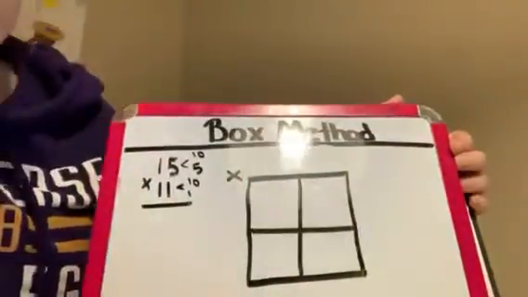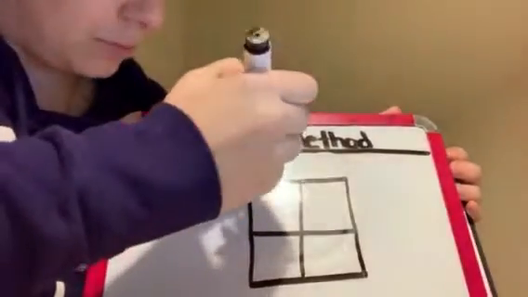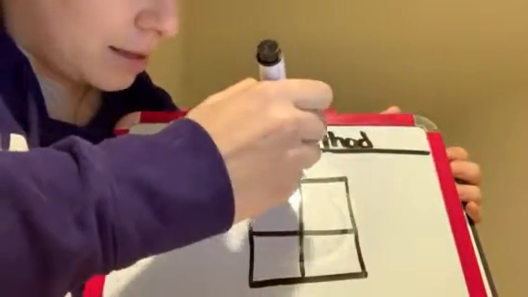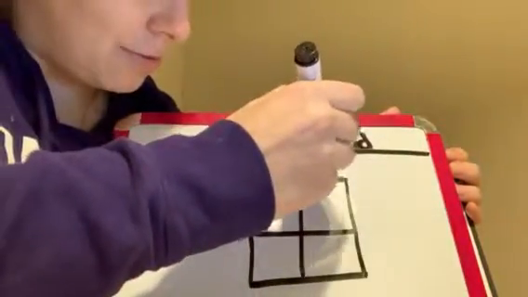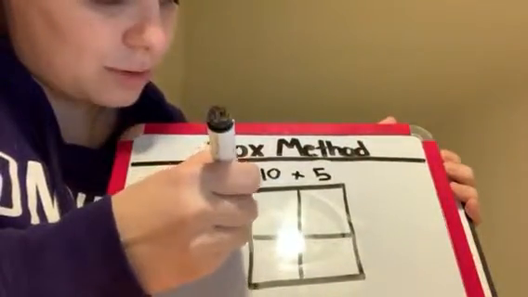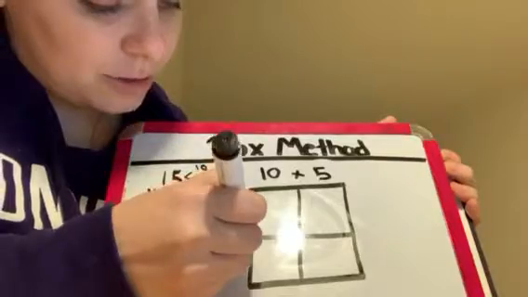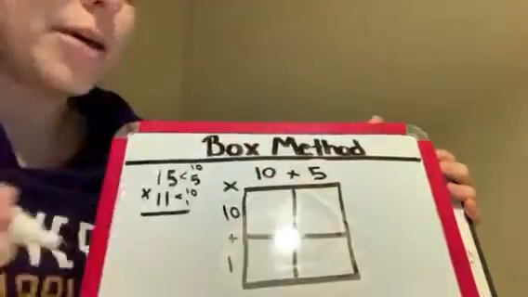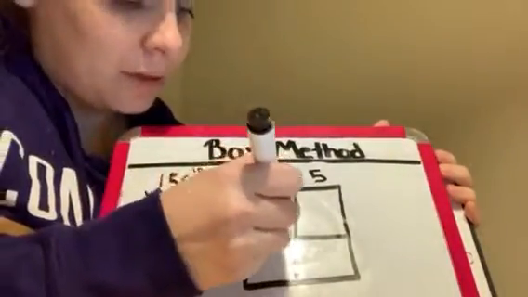So we're going to do our 15 on top here, and we're going to do 10 plus 5. And then with the 11, we're going to do 10 plus 1 and multiply them out just like we did yesterday.